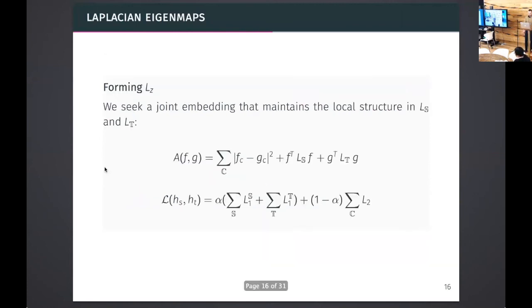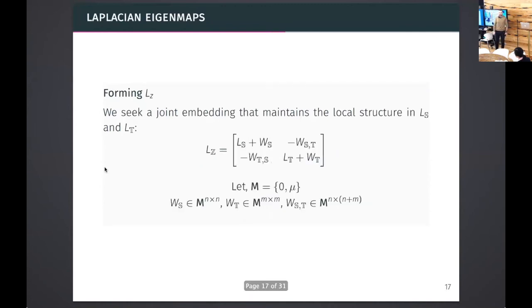All right, so I pointed out this loss function earlier, and I said that we're going to do some matrix stuff. It has a vectorized representation. That's it above. I can point you to the paper where you derive it. It's actually pretty simple, but I won't do it here. And if we take that vectorized representation, and we form sort of a weird-looking graph Laplacian, we have some marker matrices, I call them W, where we mark the points that are in correspondence.